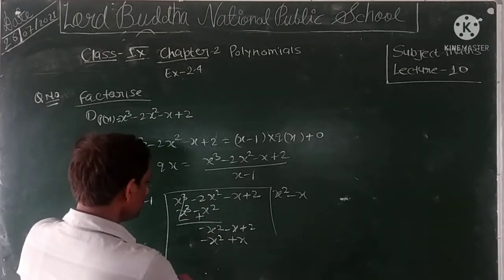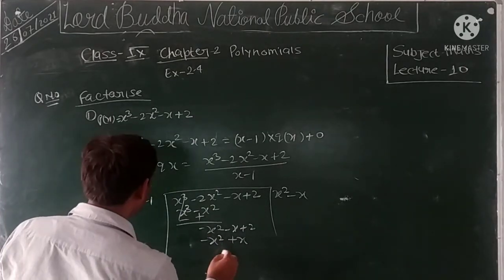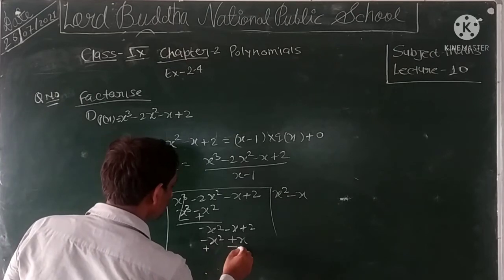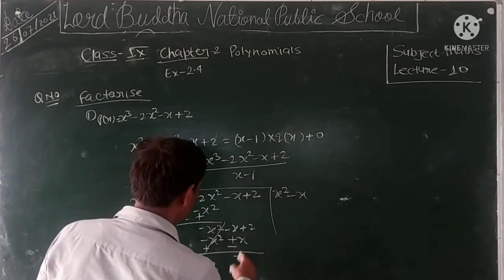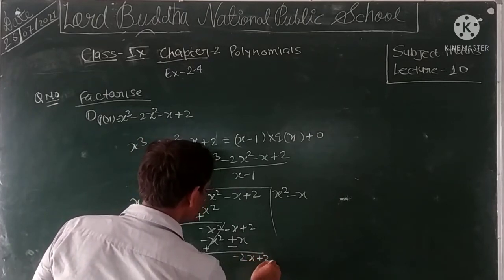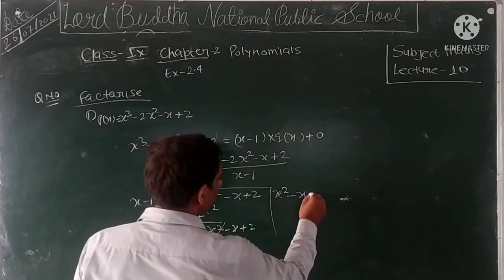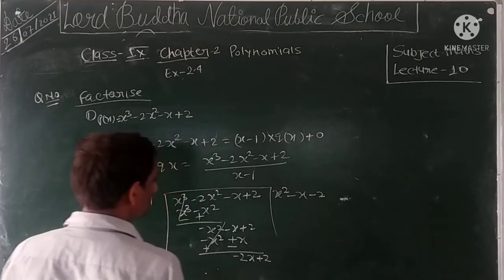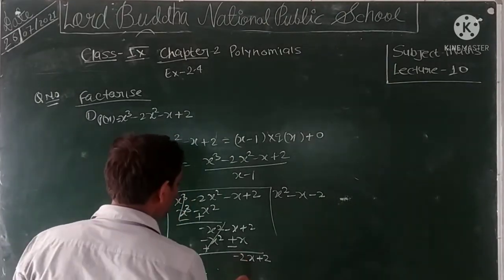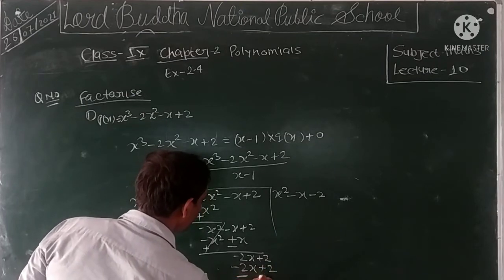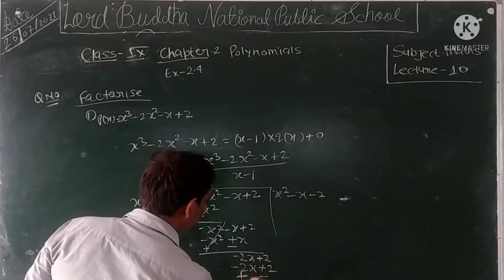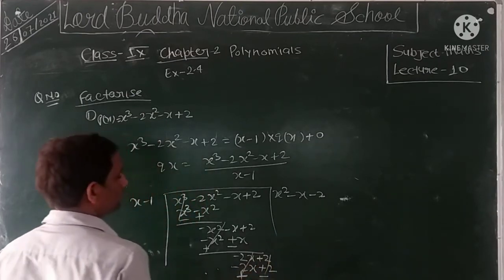Then we get minus 2x plus 2. Now we get minus 2, and minus 2x plus 2 cancel out, remainder 0.